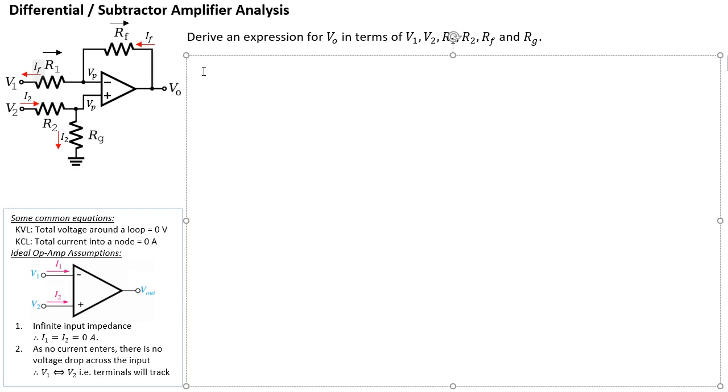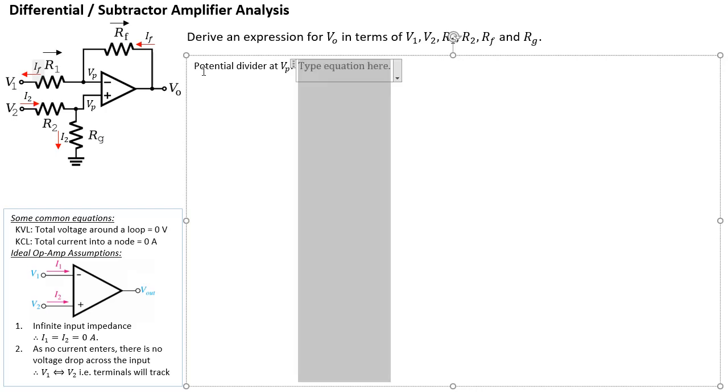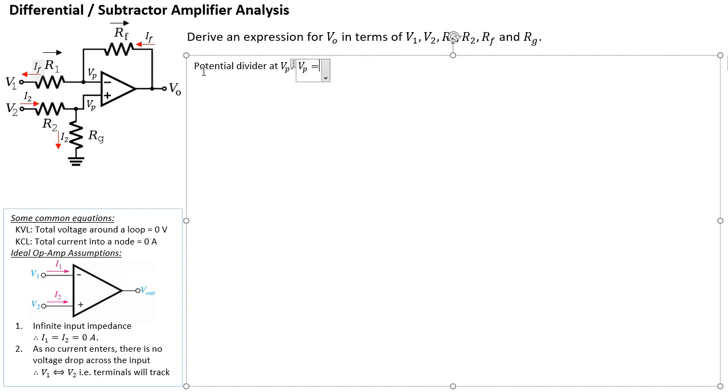Let's write that down first. Potential divider at VP. VP is going to be equal to V2 multiplied by RG divided by (RG plus R2).